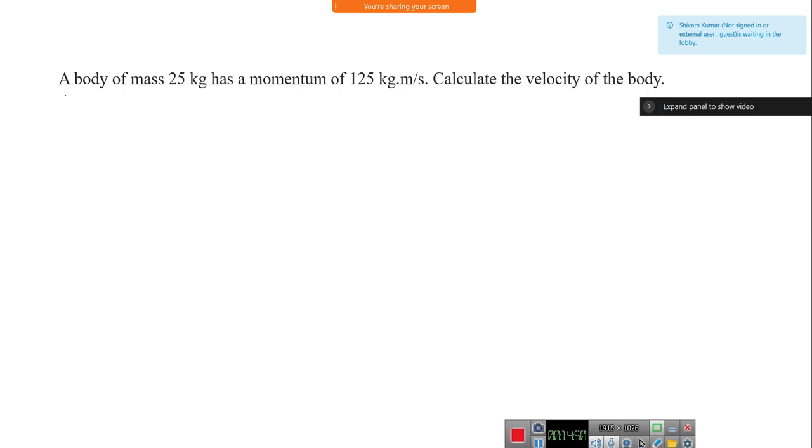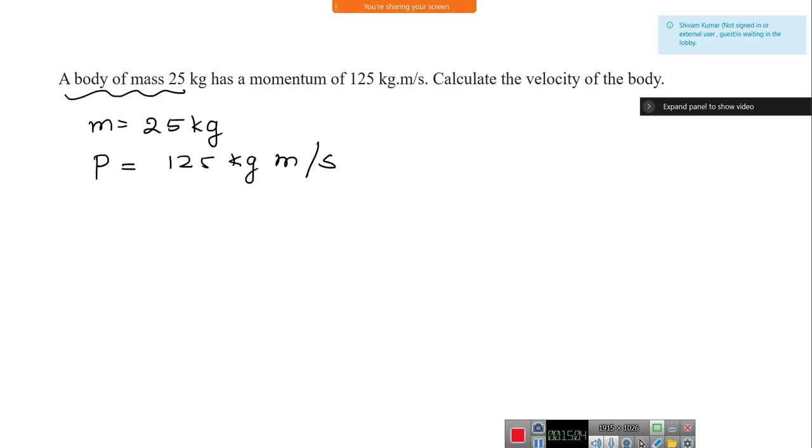Here what is given? A body of mass 25 kg. M is equal to 25 kg, and its momentum is given. P is equal to 125 kg meter per second. What is its velocity? Simple equation. We know that momentum is equal to mass into velocity, that is m into v is equal to p.